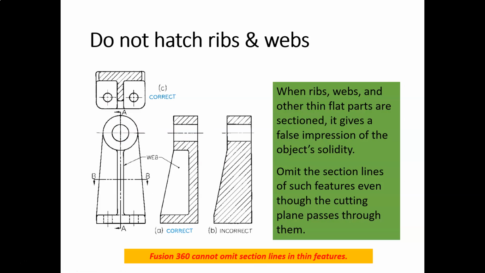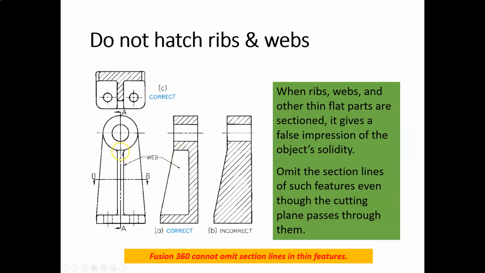Okay, a couple of the rules for creating section views. First thing is we do not section thin ribs. So in this example, you can see cutting point line AA, we're slicing through the cylinder, and then we go through a thin rib right here, or thin web, and then through the base.